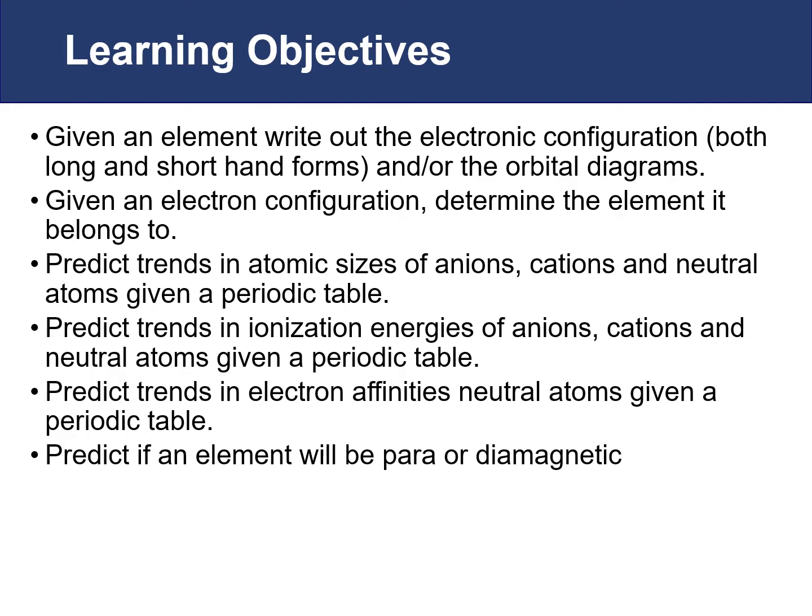By the end of this series of videos, you should be able to, given an element, write out the electron configuration, both long form and shorthand forms, as well as the orbital diagrams.